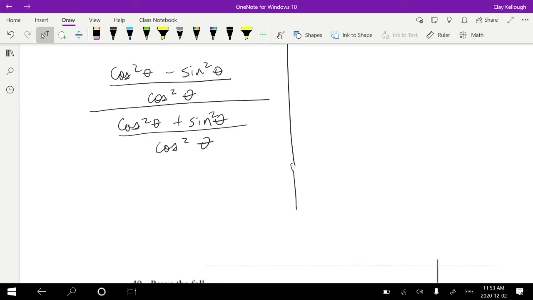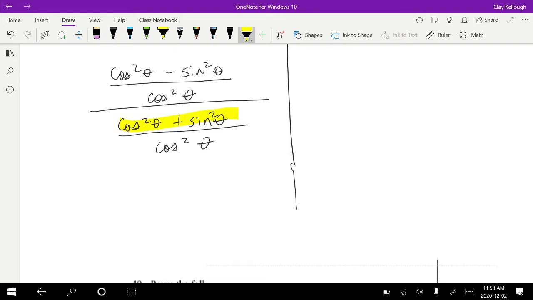I actually see the answer already. I've got 4 steps in my head. Again, it's like playing chess. I see the next 4 moves. I'll start from the end. Cos squared theta minus sine squared theta is cos 2 theta. That's my last step. What's the step before that? The step before that, what do I know, highlighter, about this?